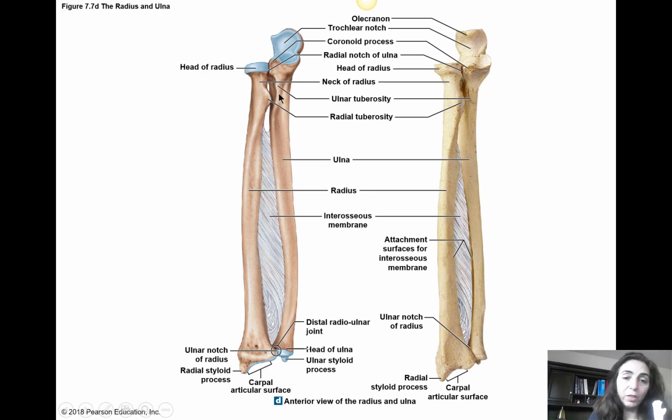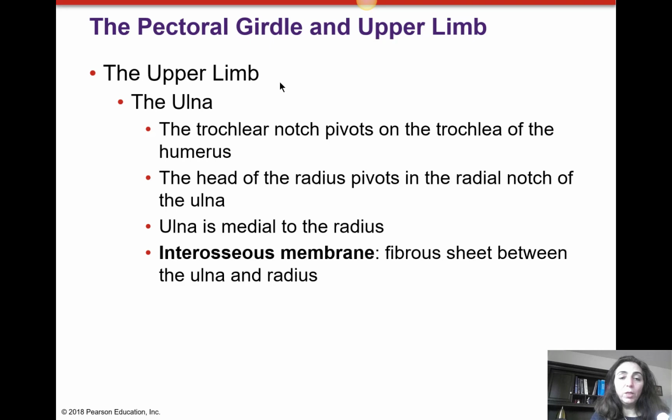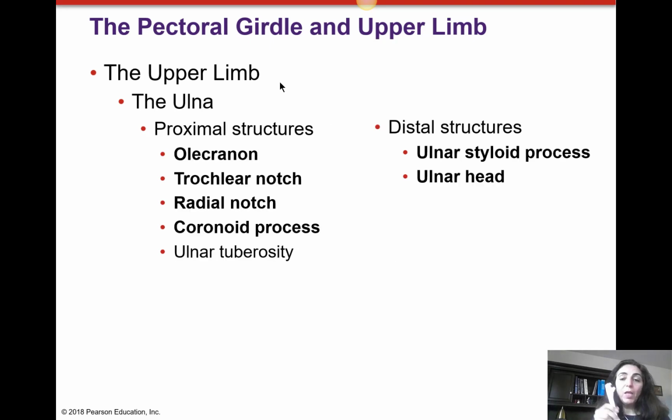And at the same time, as we have this picture here, you can see the radial tuberosity here. Later you will see that each one of these tuberosities, as I mentioned, is a rough surface, and that's a good place for the attachment of the muscles, right? So that was regarding the proximal end of the ulna.